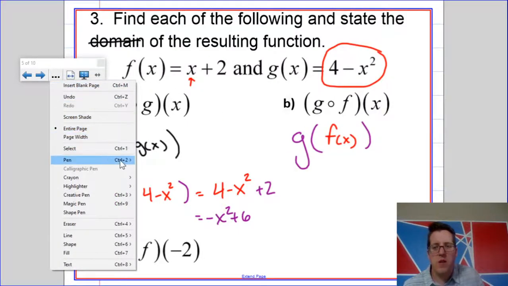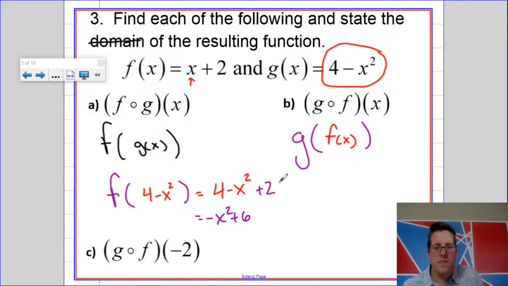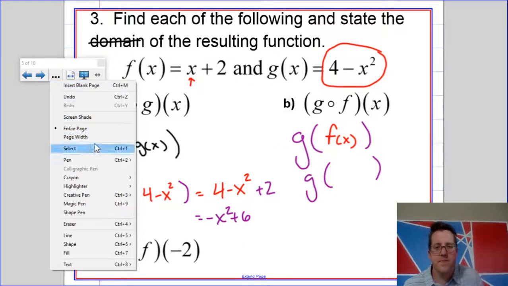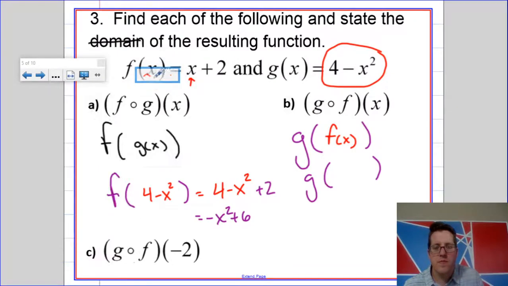So that would be g of x plus 2. Okay, so that means take x plus 2 as your input and apply g to it.